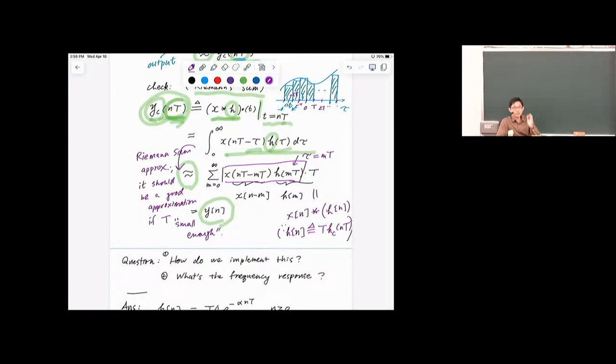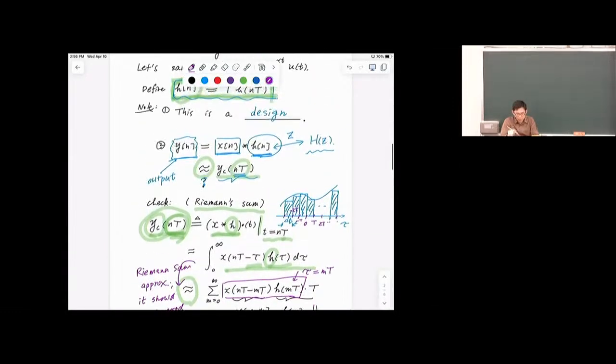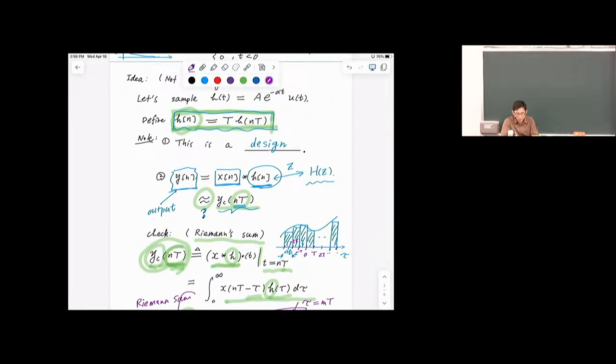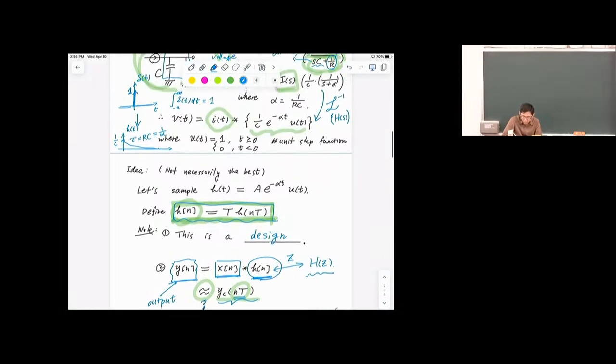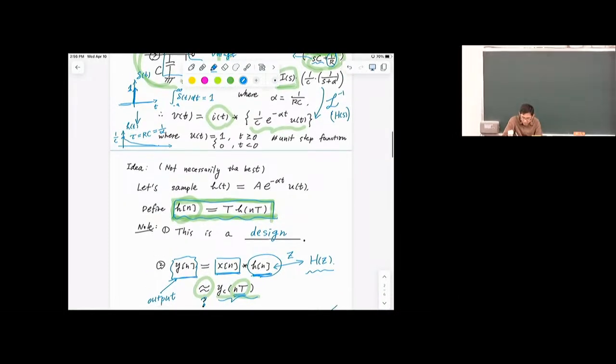Okay, so let's organize our thoughts a little bit. Let's see what's going on right here. So, at first, I suggest that this is a design thinking. Just by intuition, I'm suggesting that let's sample the analog. Maybe I need to be careful.